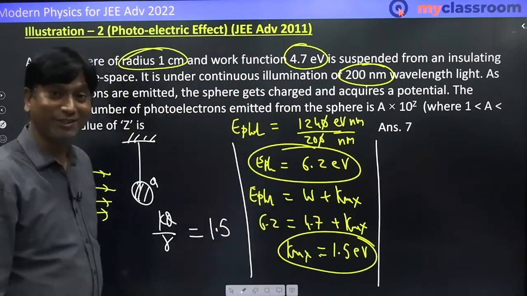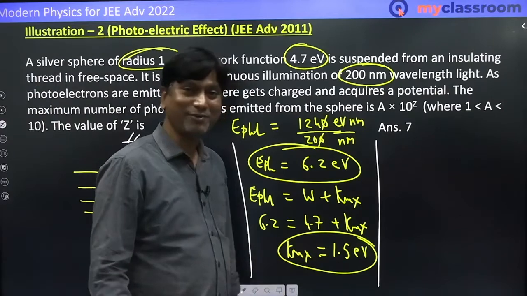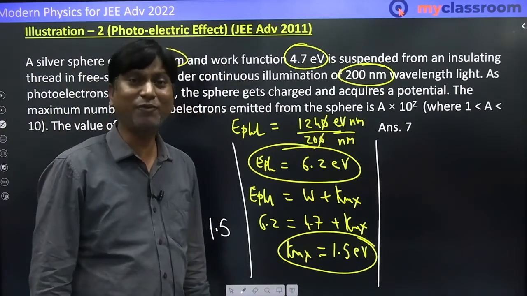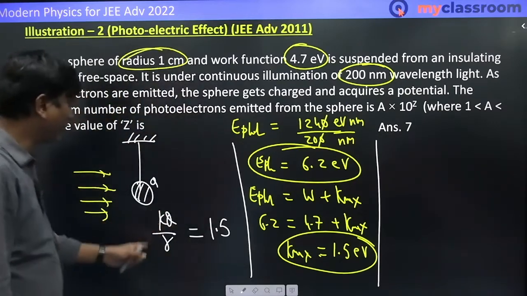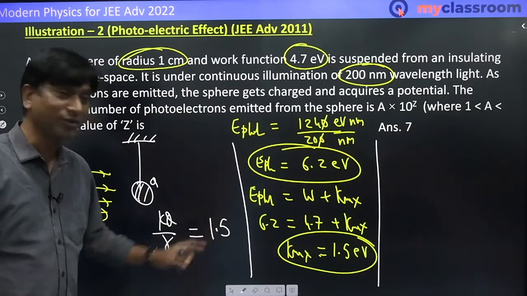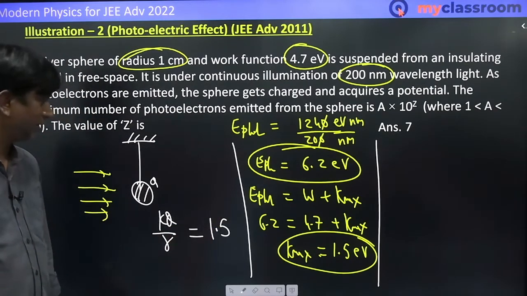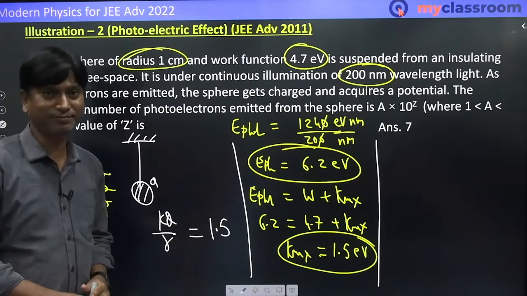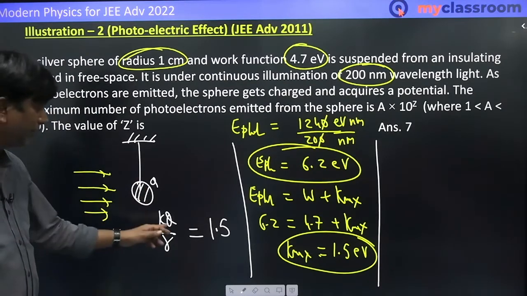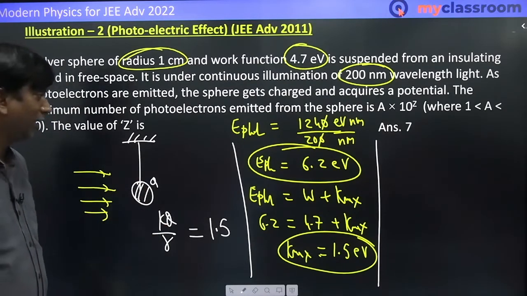So now you want to decelerate the kinetic energy from 1.5 electron volts to 0. You need a stopping potential of 1.5 volts, and that is nothing but the potential of the sphere, 1.5 volts. Now calculate the charge. Why does the sphere have that potential? Because of a charge. How much is that charge?